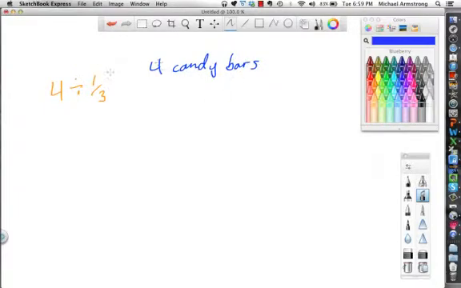Okay, let's just make sure we get this right. 4 candy bars, and we want to divide them into thirds and find out how many people we can serve. So the question might be, we have 4 candy bars. How many people can we share with?